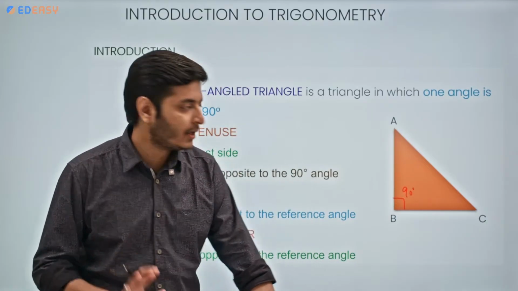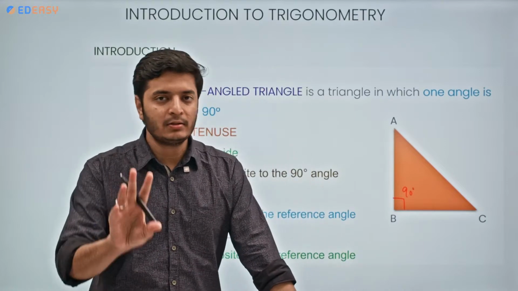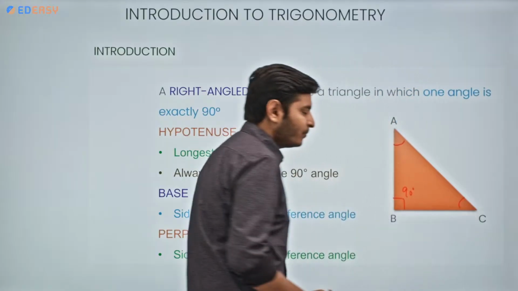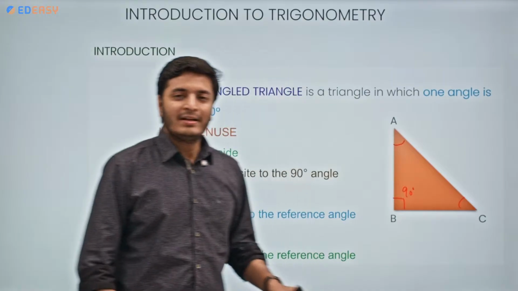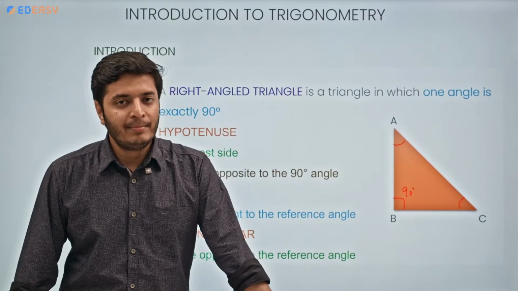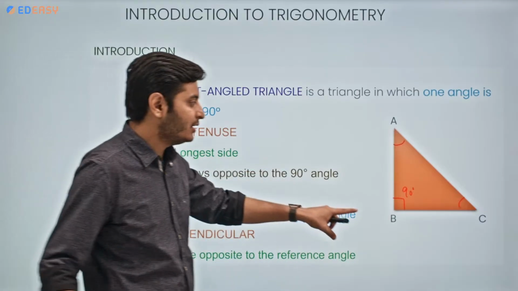Whatever angle I am considering other than the 90-degree angle, because we are done with that, we are left with two angles now, either angle A or angle C. Depending on which angle we are referring to, we can have base and perpendicular differently. Base is that side which is adjacent to the angle itself.